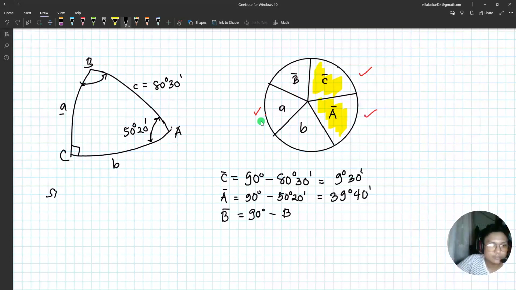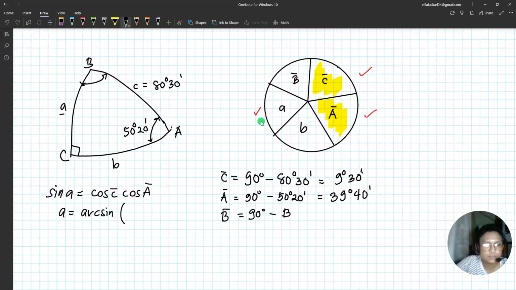So the solution: the sine of the middle part A equals the product of cosine bar C and cosine bar A. From that, A is the arcsine of cosine of bar C times cosine of bar A. That's all there is to the Sin-Coop rule.